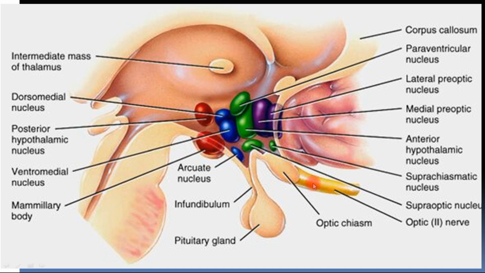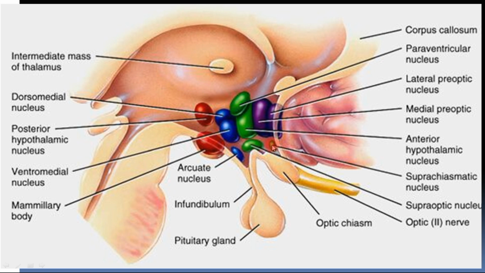Then comes the second region, that is the supraoptic region. Why is it called supraoptic? As you can see, the optic nerve and optic chiasma here, above it is the supraoptic region. So this supraoptic region contains suprachiasmatic nucleus. As you can see, the nuclei of various regions are depicted in different colors here. The green color is the supraoptic region, and these are the various nuclei of the supraoptic region.